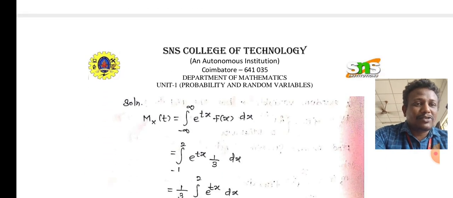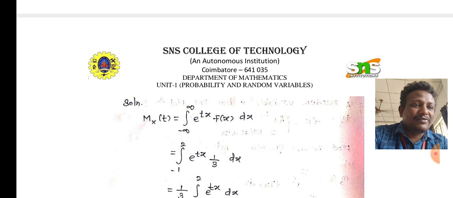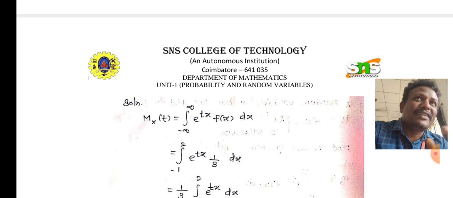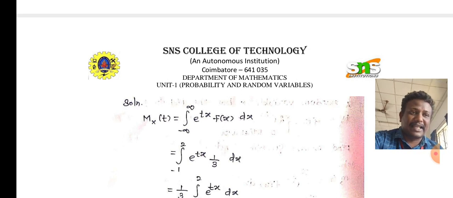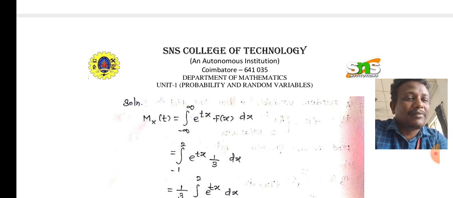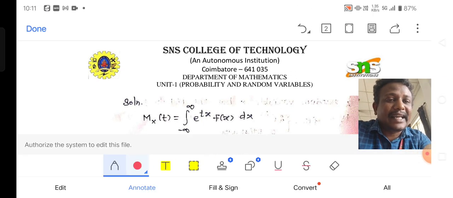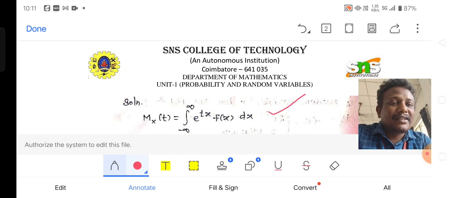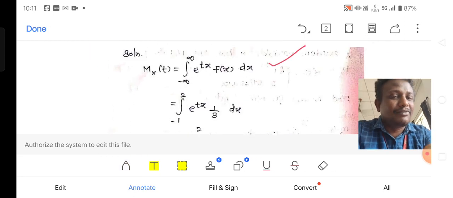Here f of x is given, so it is continuous type obviously. First write the general formula: Mx of t equals the integral from minus infinity to plus infinity of e power tx f of x dx.